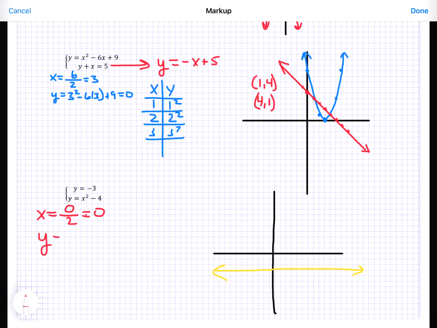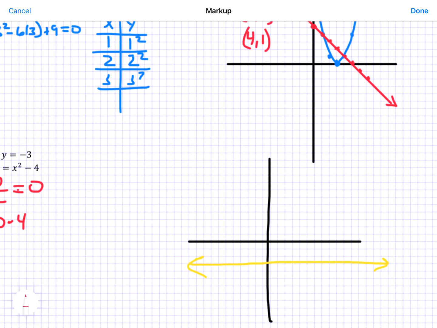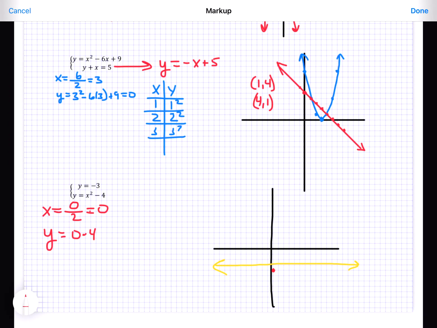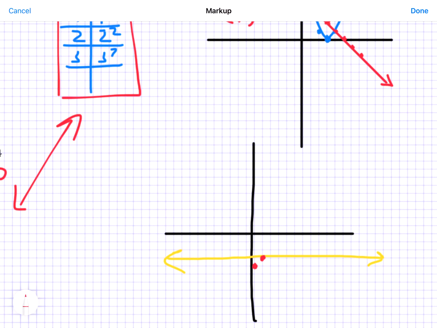And then my y value would just be 0 minus 4, or negative 4. Or if you just looked at vertex form, you'd say, oh, that shifts down 4. So it's right here. Using this same thing, I can see that when I move right 1, I go up 1, 4, 9. And it's going to look like that.